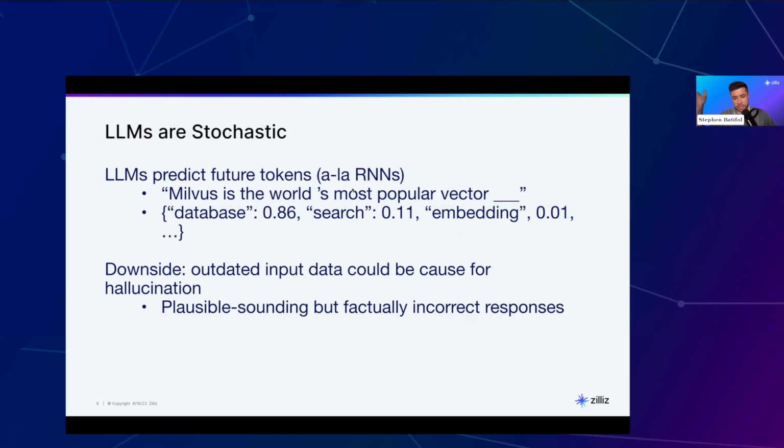A problem is that LLMs are stochastic, so they always predict the next token. That's cool, but that's also why sometimes you have different answers to the same question. A downside as well, as I mentioned before, is that you might have outdated input data, and that can cause some hallucinations.